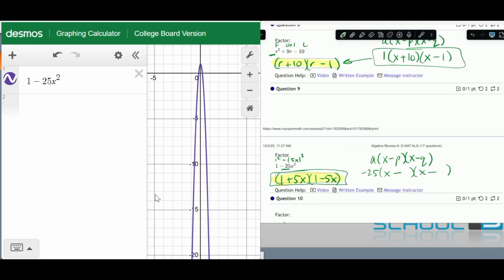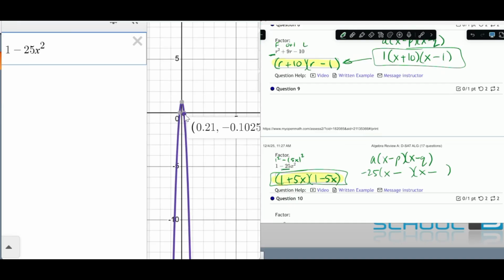Okay, so here's our graph. If we look, we have our 2 x-intercepts. We have x minus a minus 0.2, and we have x minus 0.2. So this would be the acceptable secondary answer.